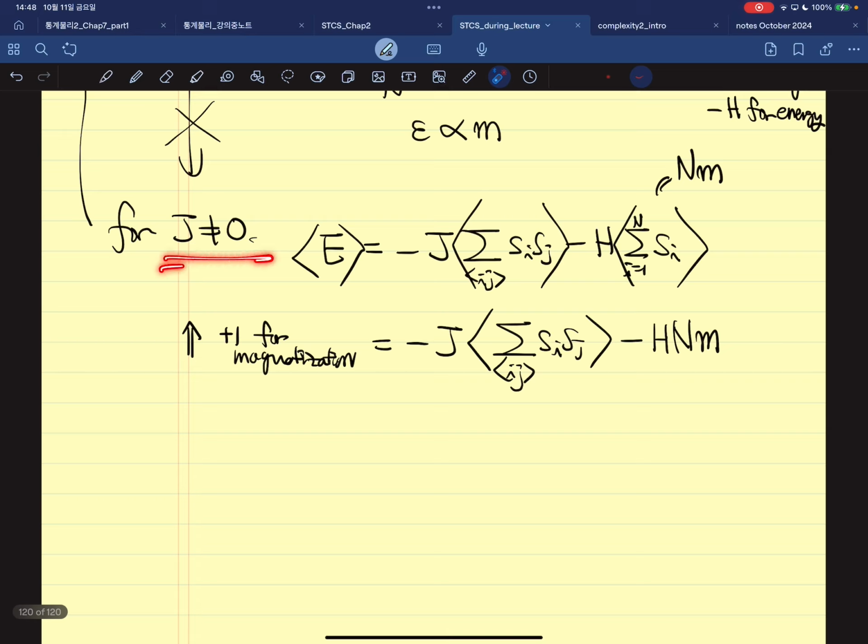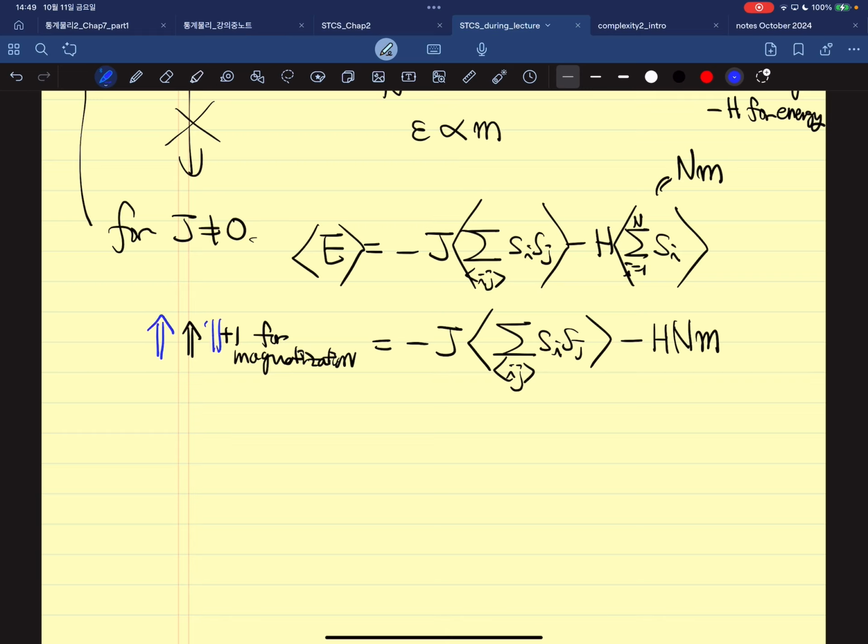But for this interacting spin, the fact that one of the spins is aligned upward means that, of course, it contributes +1 amount to the magnetization. But without the knowledge about other spins, we actually cannot determine whether this one increases the energy or decreases the energy.